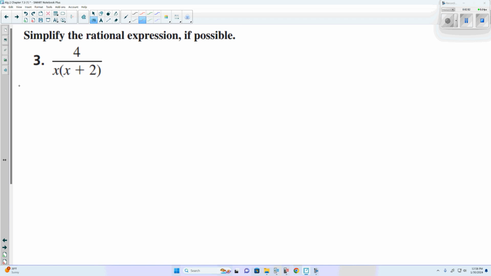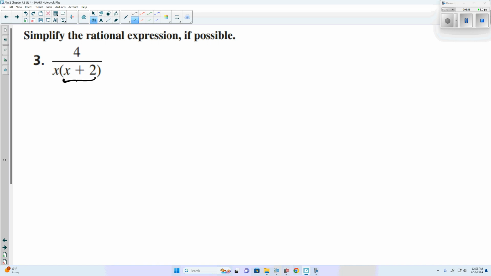So we're going to look at this first one here. So we have 4 over x times x plus 2. As I throw markers on the floor. Is there something in common on top and bottom? No. It looks like the 4 and 2 would be in common. But here, the 2 and the x, since they're being added together, are a single expression.